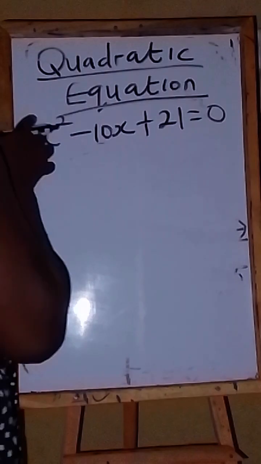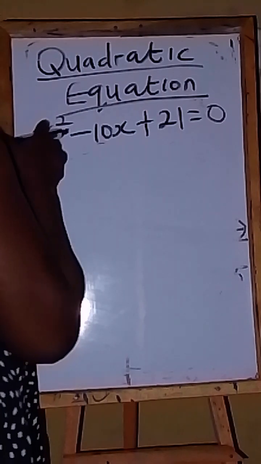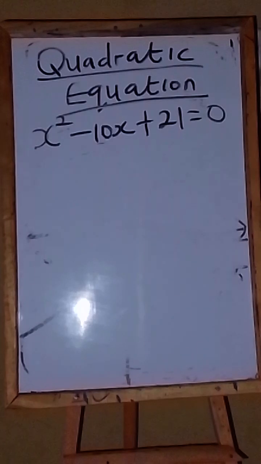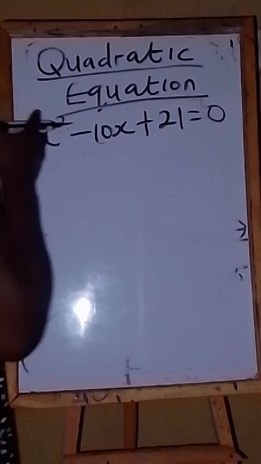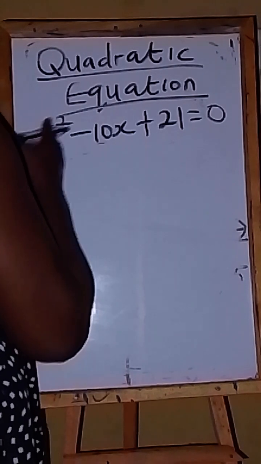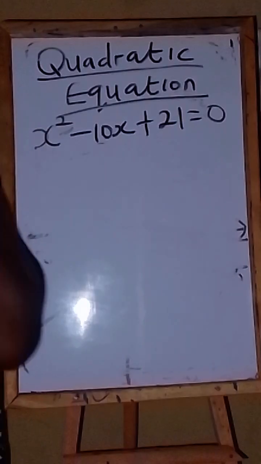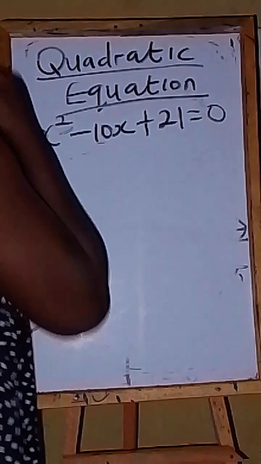So, this is raised to power 2. That's a quadratic equation. Look at it. The power is raised to power what? Raised to power 2. So that's a quadratic equation.